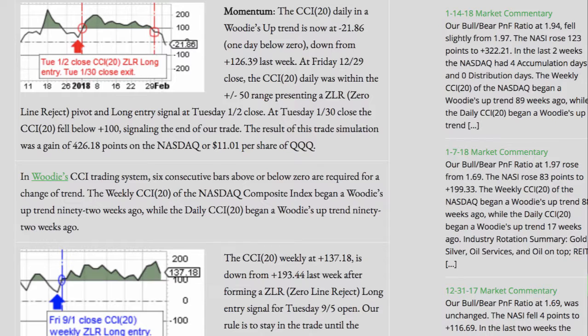In Woody's CCI trading system, 6 consecutive bars above or below zero are required for a change of trend. The weekly CCI 20 of the Nasdaq Composite Index began a Woody's uptrend 92 weeks ago, while the daily CCI 20 began a Woody's uptrend 22 weeks ago.